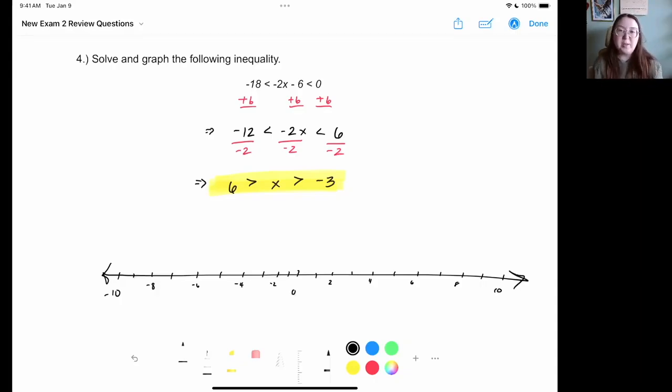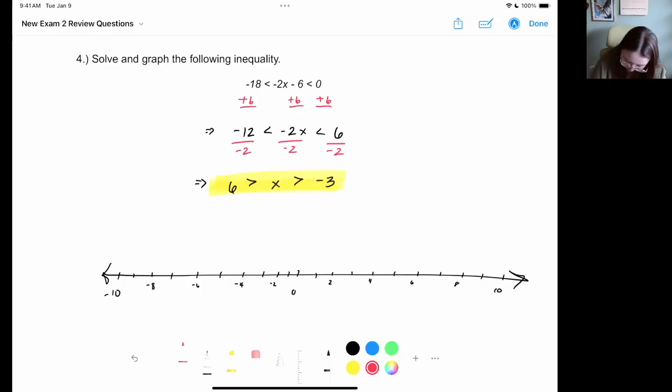So this is a compound inequality. Whenever we have compound inequalities, we know that they will connect. So we connect them together. So we want to make sure that we draw our circles. They're going to be circles because we have strict inequalities. If they had the or equal to, we would fill in those circles, but they do not have that.